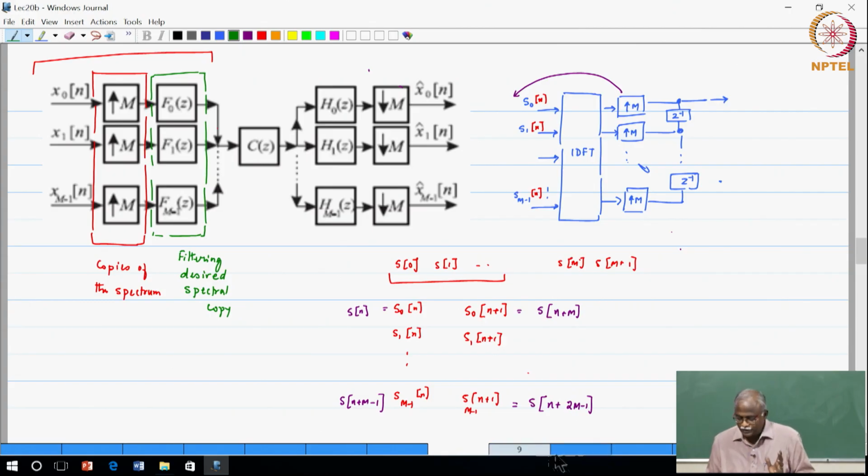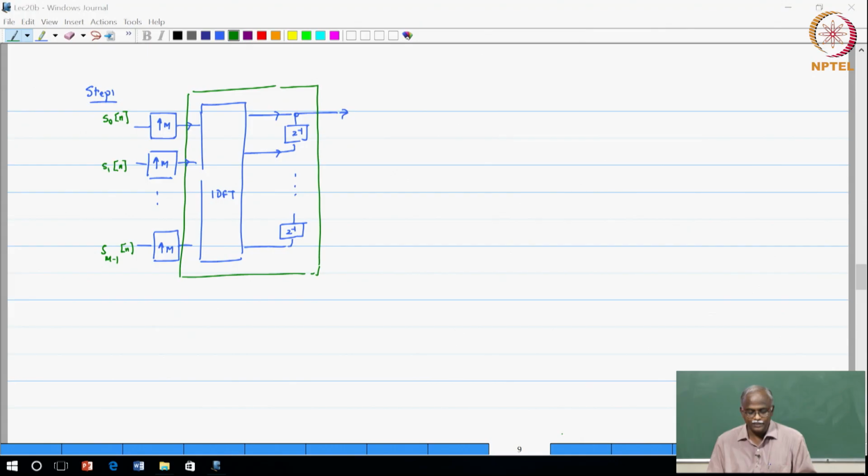Now, the question that remains to be answered is: what is within the green box, a bank of filters which is doing the same thing that those filters are doing there for us. So, what are the signals at this point? It would be S naught Z power m, upsampling. The signal at this point will be S m minus 1 Z power m.